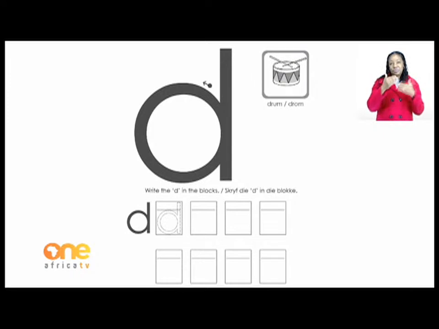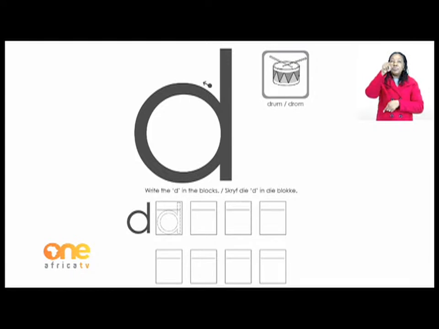How do we form the letter D? Let's try to trace over the letter D. There is a dot and an arrow to show us the direction of writing. Put your finger on the dot and go around following the arrow.